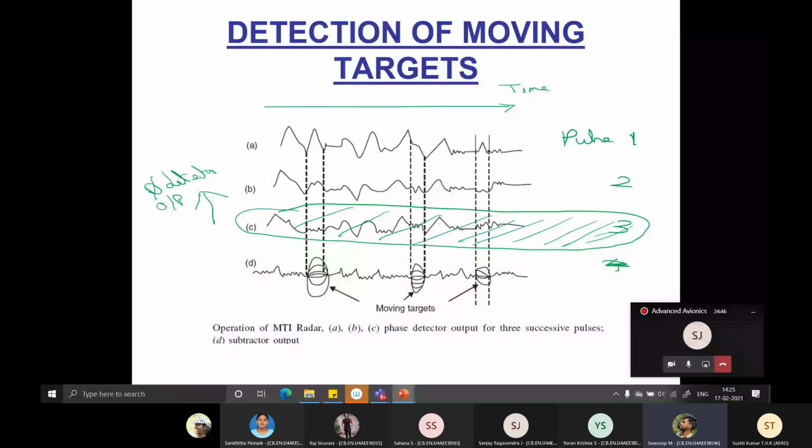So they take the difference between those two pulses and look where there's a drastic change. Good, very good. So you subtract pulse 1 and pulse 2, and this goes as your output.